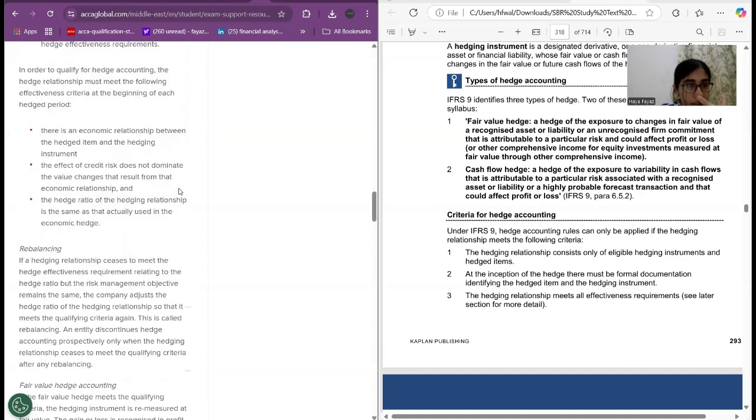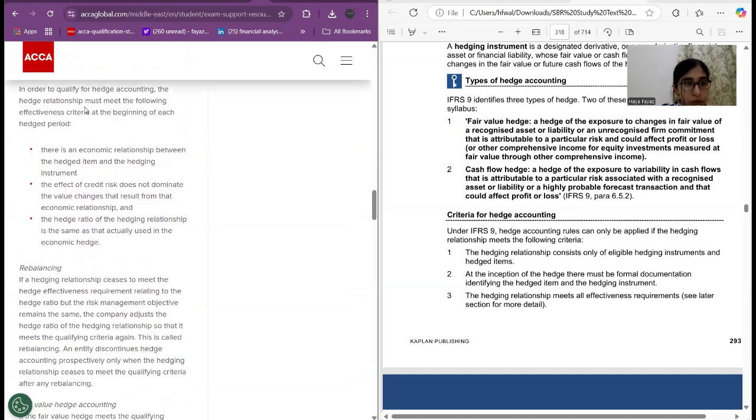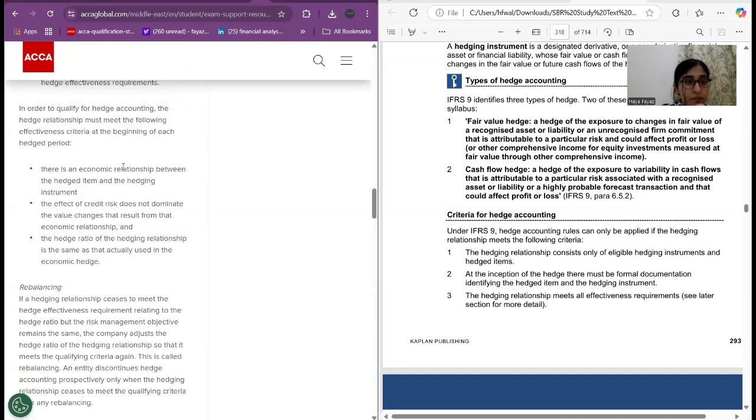Hedge effectiveness is further described here. In order to qualify for hedge accounting, the hedge relationship must meet the following effectiveness criteria at the beginning of each hedge period. There's an economic relationship between the hedged item and the hedging instrument. That means there should be some economic relationship.